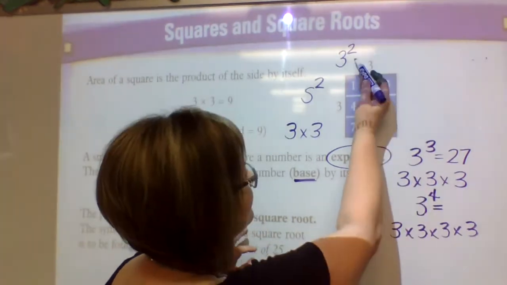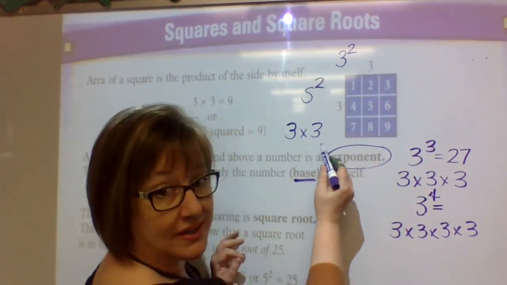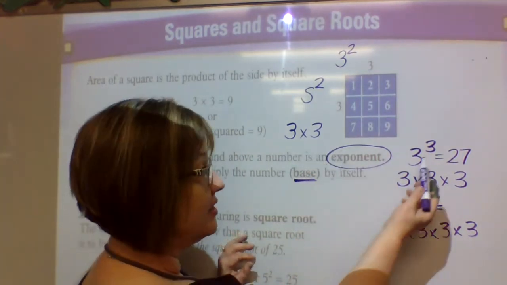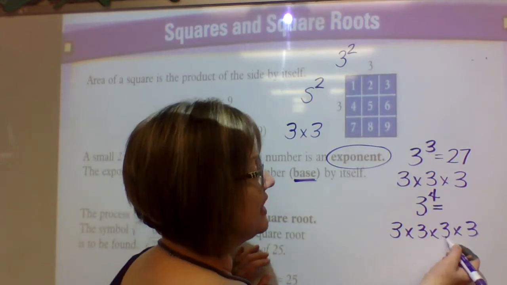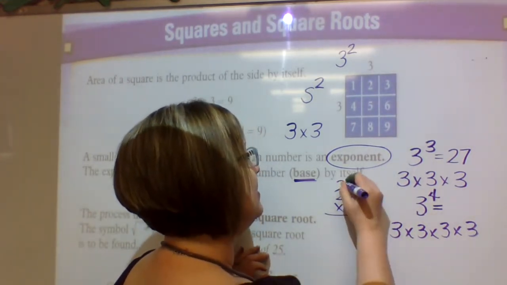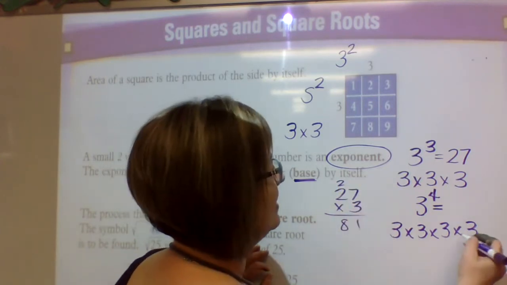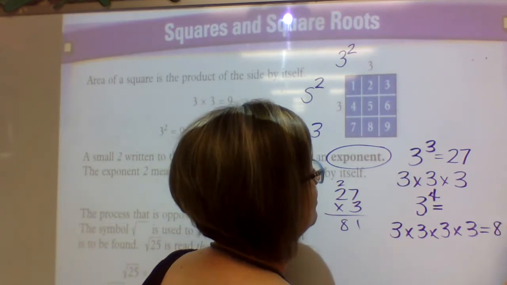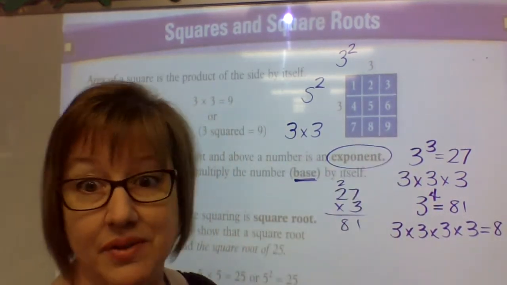So if there's an exponent of 2, you do it 2 3s, 3 3s, 4 3s. So this would be 3 times 3 is 9, times 3 is 27, times 3, I don't know that one. Is that 81? So 3 to the 4th power would be 81. And you can go on forever with that.